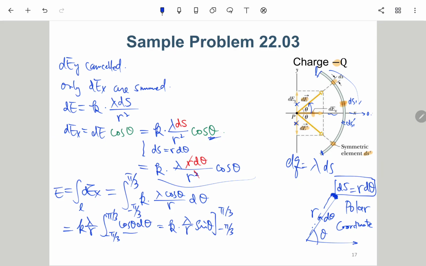Sine of pi over 3 is square root of 3 over 2, and this is negative square root of 3 over 2. After subtracting them, it becomes square root of 3. So finally, it becomes square root of 3 k lambda over r.